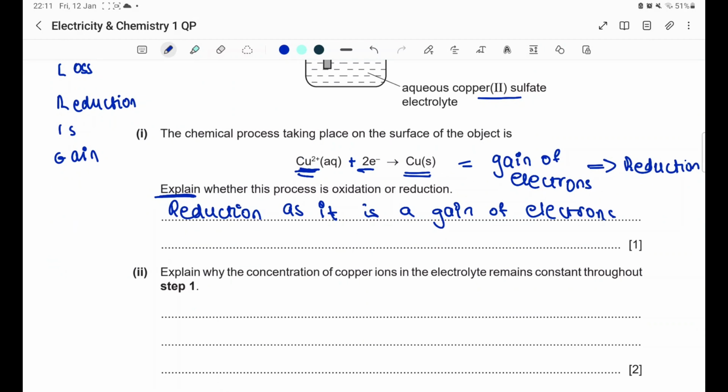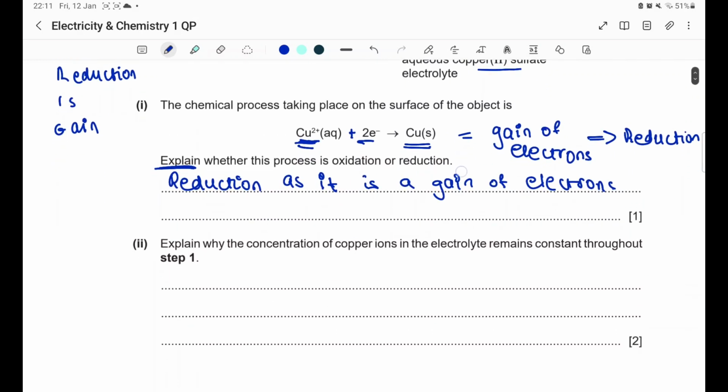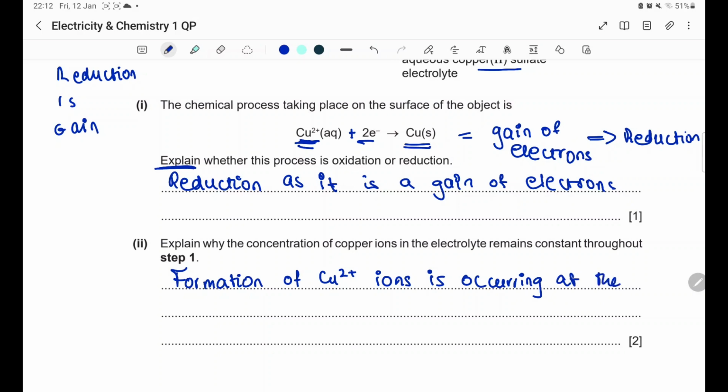Explain why the concentration of copper ions in the electrolyte remains constant throughout step 1. So the reason that it remains constant is because the formation of the Cu2 plus ions is occurring at the same rate as the removal of the Cu2 plus ions.